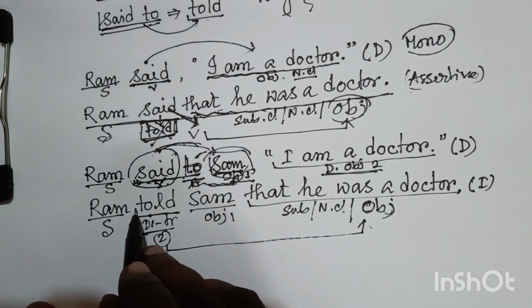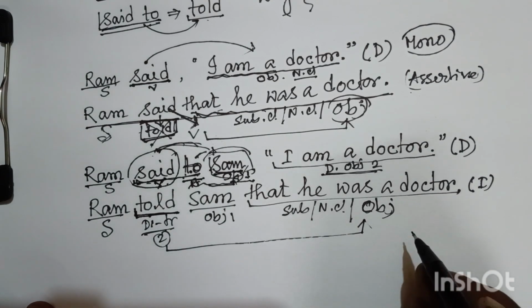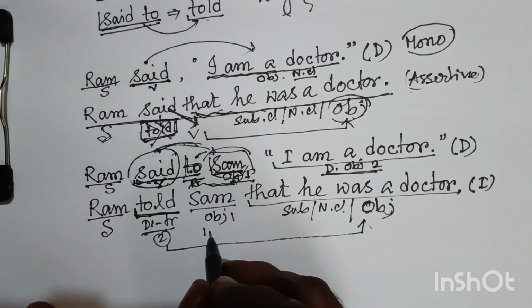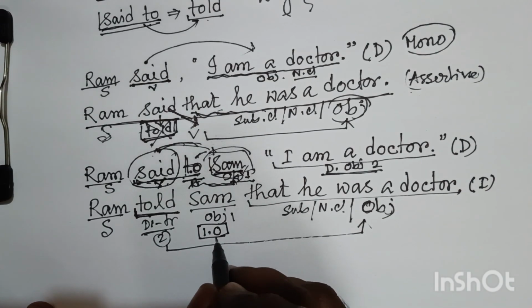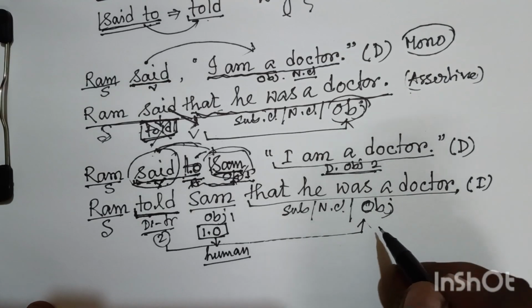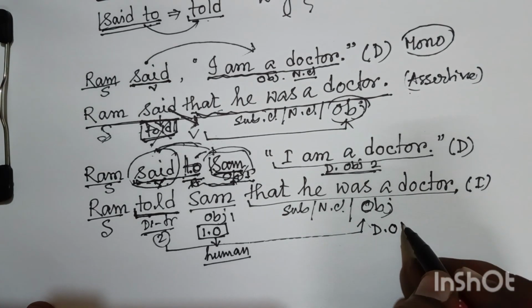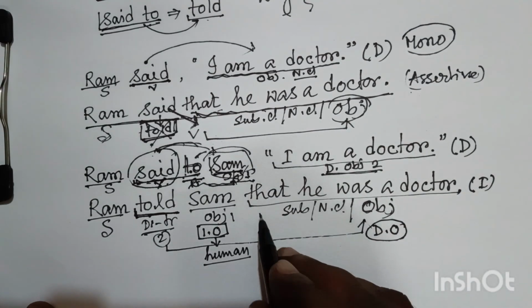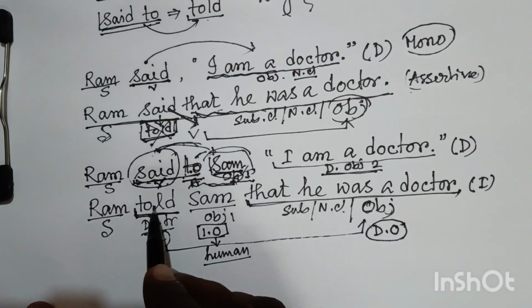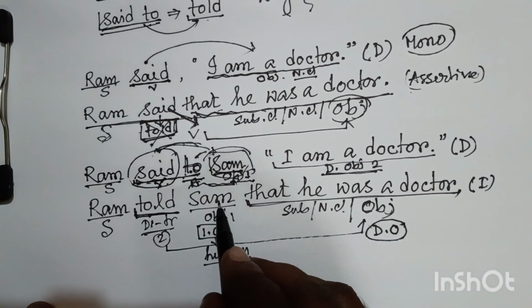So with the verb tell, we can use two objects. This one is the indirect object, and you know indirect object must be a human being, and the direct object must be a thing or any kind of concept. That means this clause is the direct object of the verb tell, and this is the indirect object.